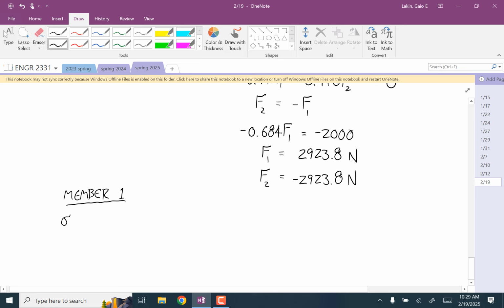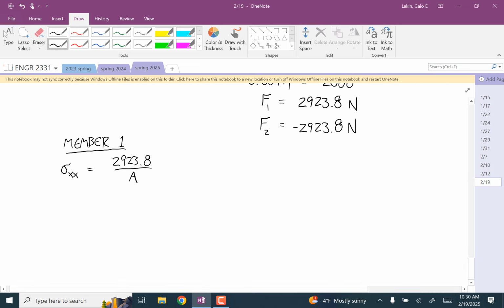Okay, so I'm going to call sigma xx 2923.8 divided by this cross-sectional area A. And so I can write the stress tensor as 2923.8 over A, and then zeros everywhere else.